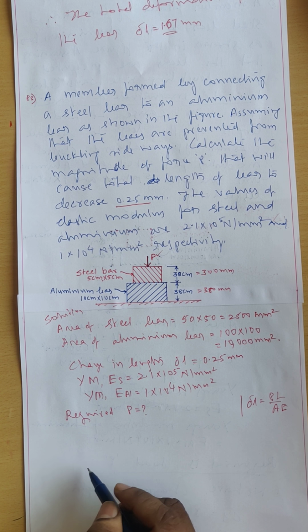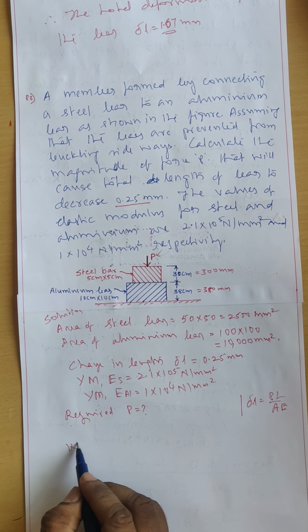Now we have delta L equals P into LS by AS into ES. All the values are given.